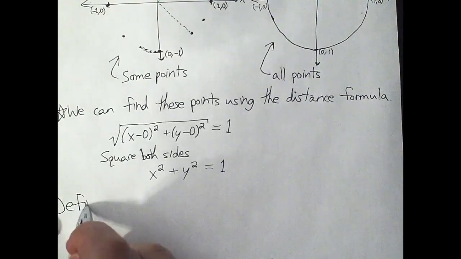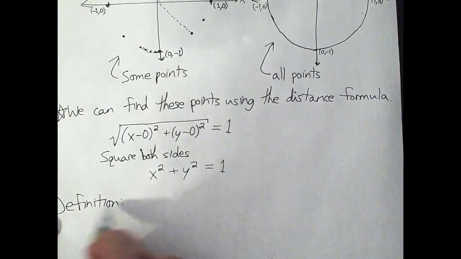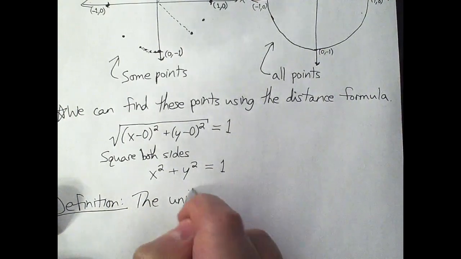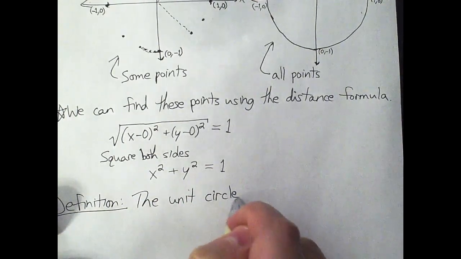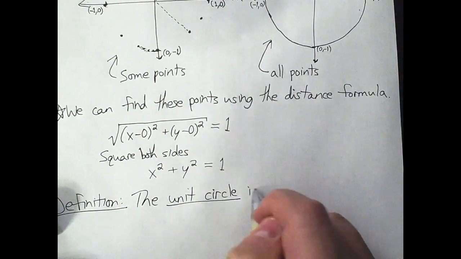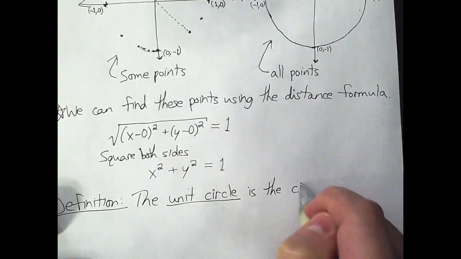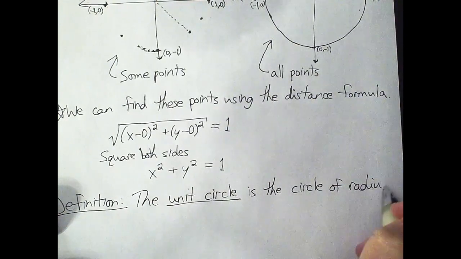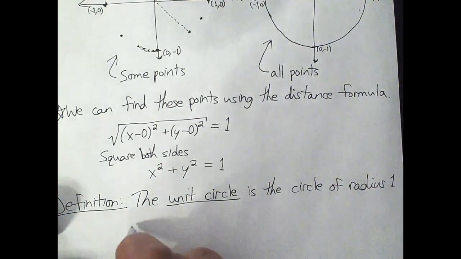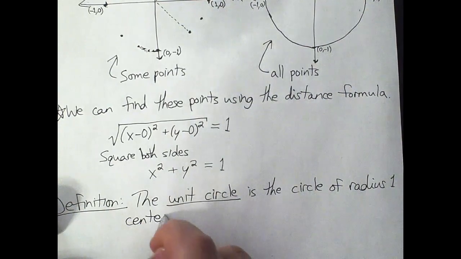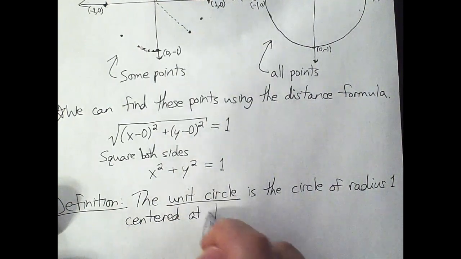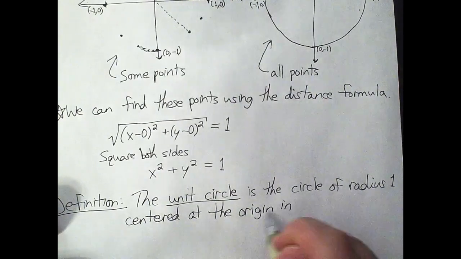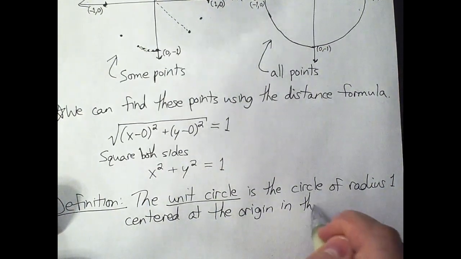And that leads us to a definition. Definition: the unit circle. I'm going to underline that. Is the circle of radius 1, centered at the origin, in the xy plane.